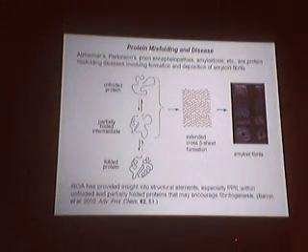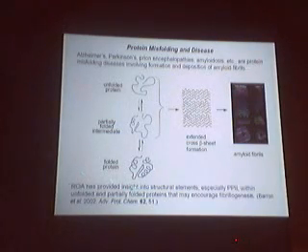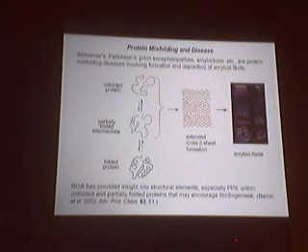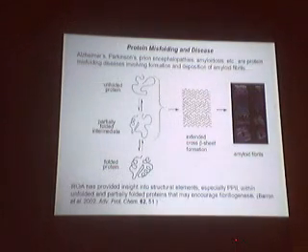Alzheimer's, Parkinson's, the prion encephalopathies, amyloidosis, etc. They're protein misfolding diseases involving formation and deposition of amyloid fibrils. So here's your folded protein. You can have partially folded, denatured intermediates, and you can have completely unfolded proteins, either denatured ones or these increasingly important natively unfolded proteins.